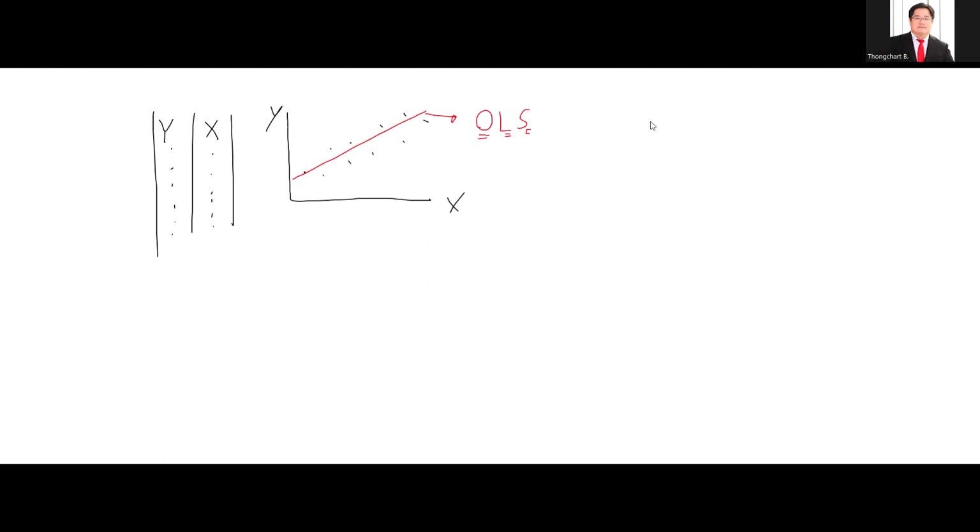With this technique, they try to minimize sigma error hat square. And then using the Gauss-Markov theorem, Gauss-Markov said that first, if your model is correct, then the average error, which we can write down as expected, average error is 0.